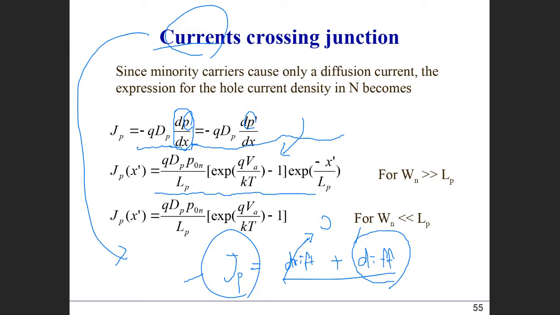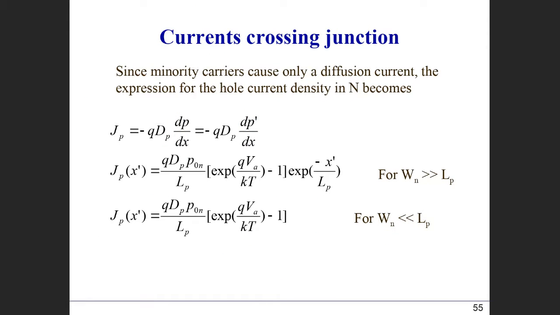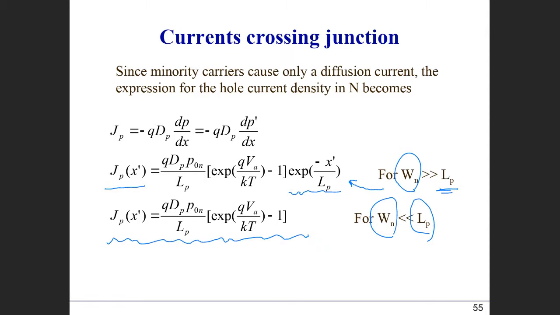Here we split into two special cases. When Wn is much larger than Lp, the hole current follows this exponential term. When Wn is much smaller than Lp, the hole current follows that linear equation. If we take the derivative of this one, the hole current will have this form. So we have this hole current calculated from this equation.